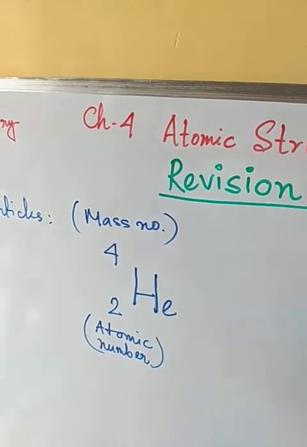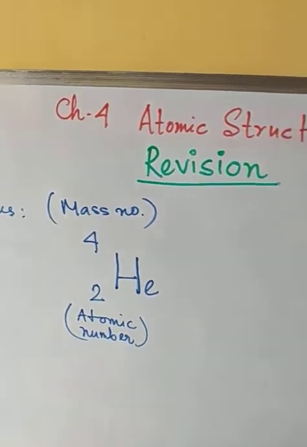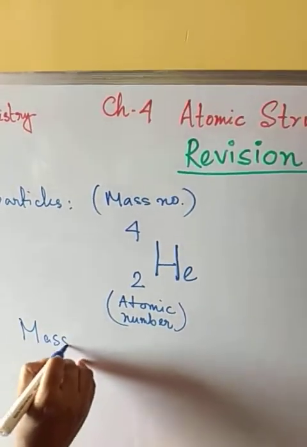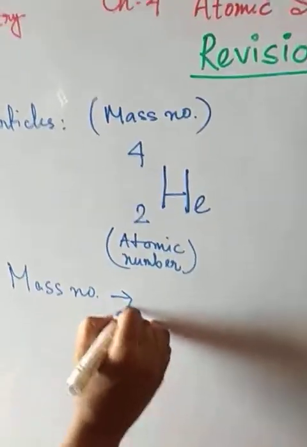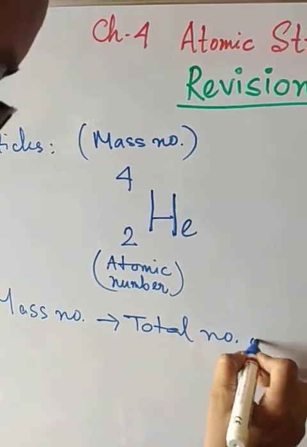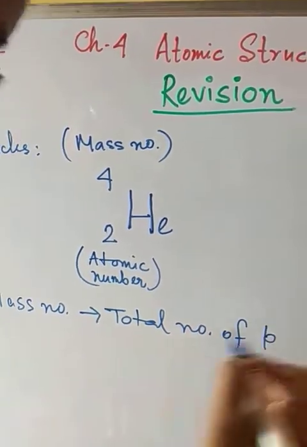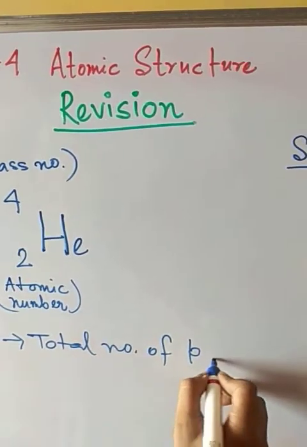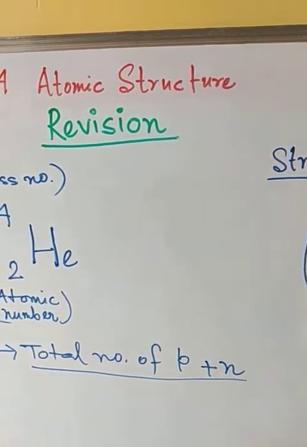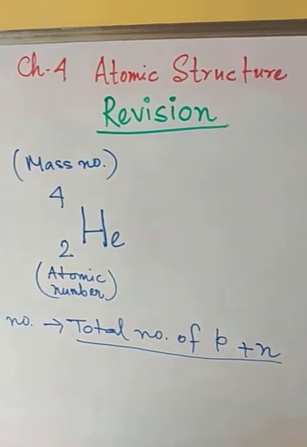Now what is atomic number and what is mass number? Mass number is the total number of proton and neutron present in an atom.